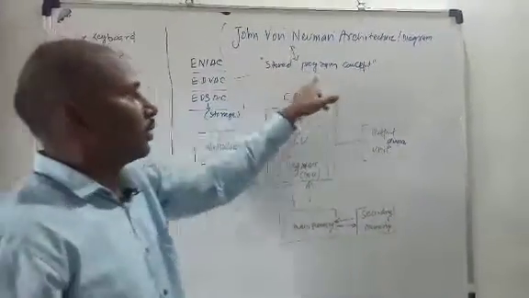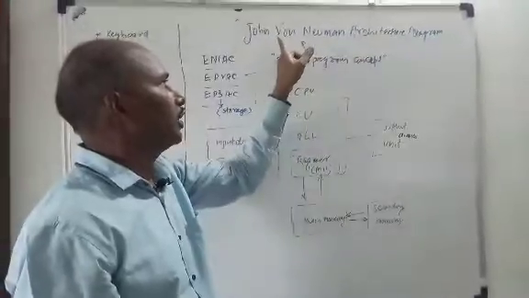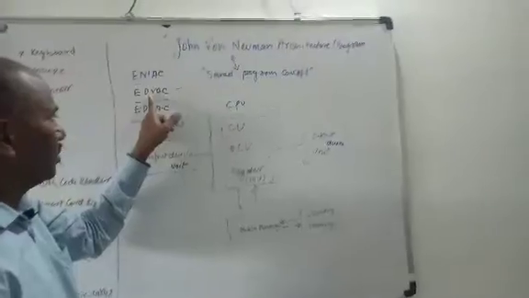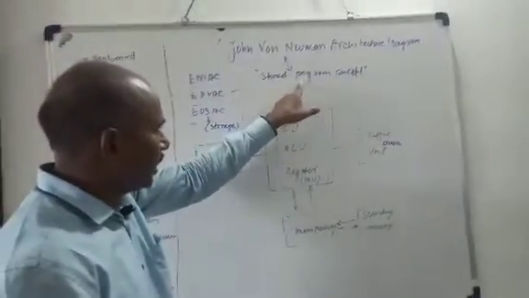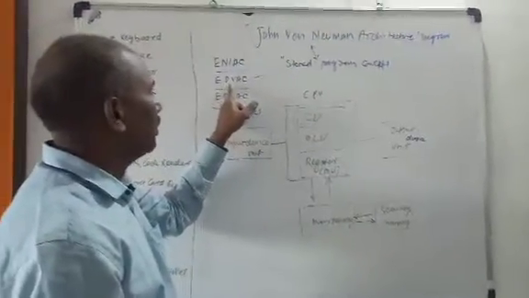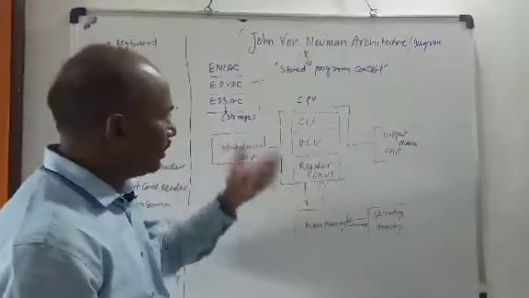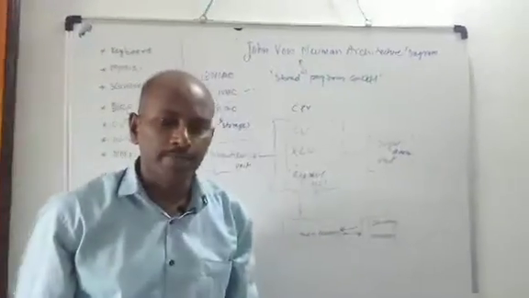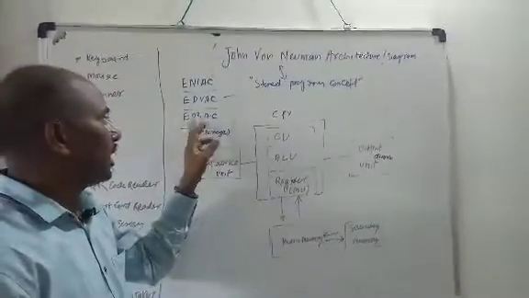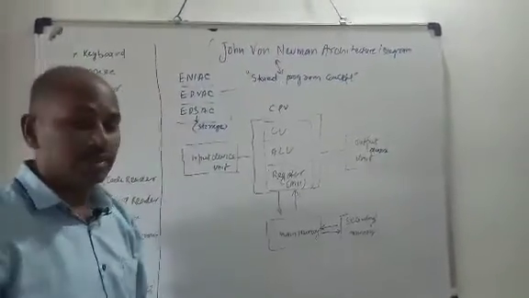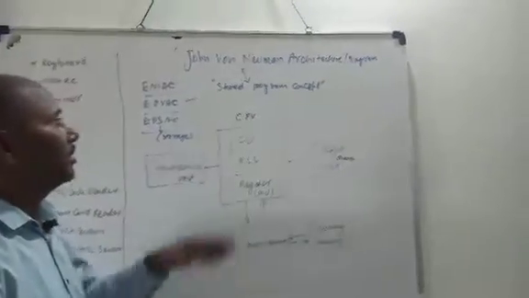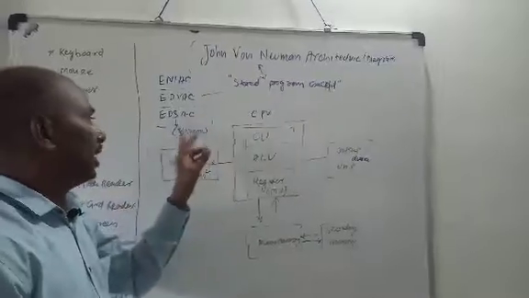The stored program concept was given by John von Neumann while designing this machine, but this idea was not implemented in the EDVAC machine. After some time, a new scientist came and implemented this idea in the EDSAC machine. Who designed this EDSAC machine? Sir Maurice Wilkes designed this machine and implemented this idea.